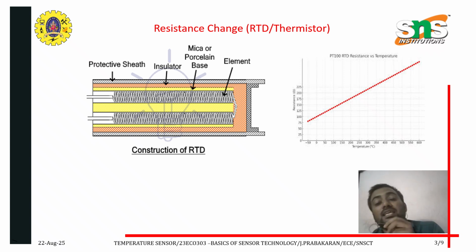Also, here you can see one graph for RTD. Platinum based, resistance increases linearly with temperature. You can see in the graph, resistance increases linearly with temperature.